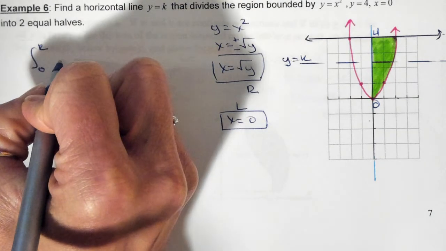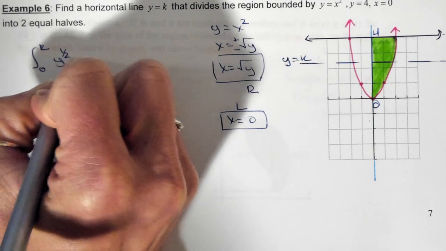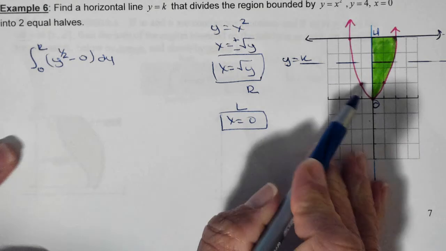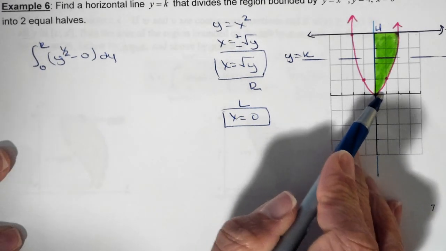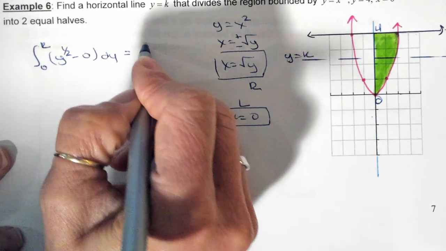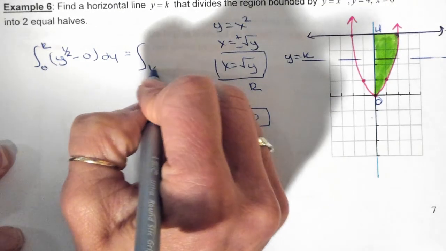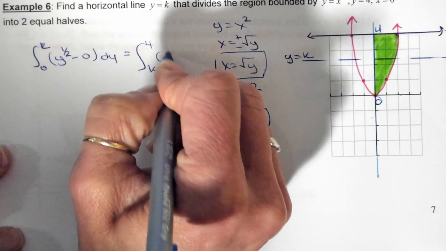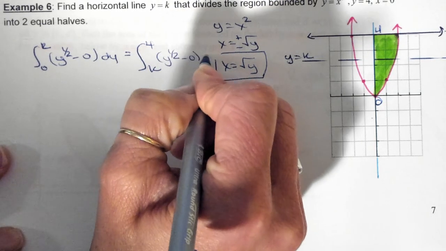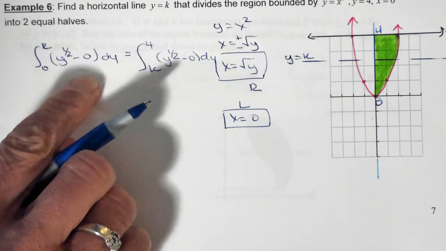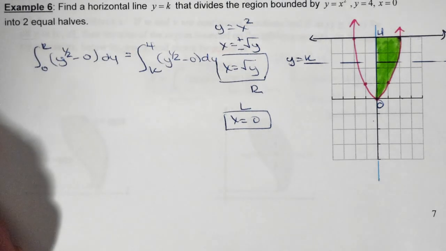So this is going to be, can I write this as y to the 1/2 minus 0 dy? That's just this bottom part. This has to be equal to the integral from where to where? K to 4, nice, of y to the 1/2 minus 0 dy. And I'm just being consistent. This is the right minus the left, right minus the left.